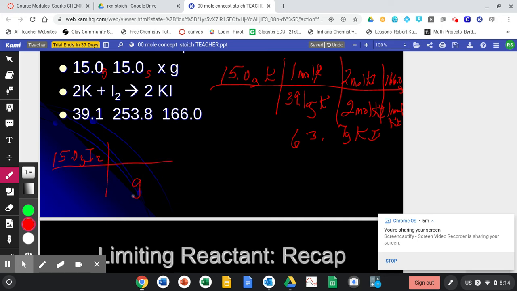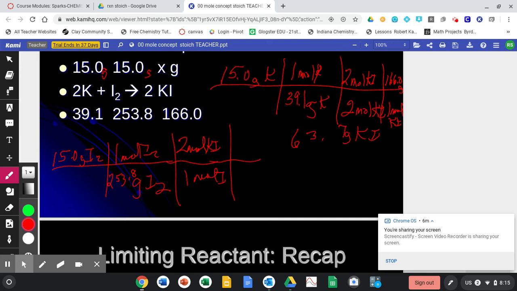That means I need grams of iodine down here, so I'm going to use my molar mass of 253.8, and that's for 1 mole of iodine. 1 mole of iodine makes 2 moles of KI, and 1 mole of KI weighs 166.0 grams KI.